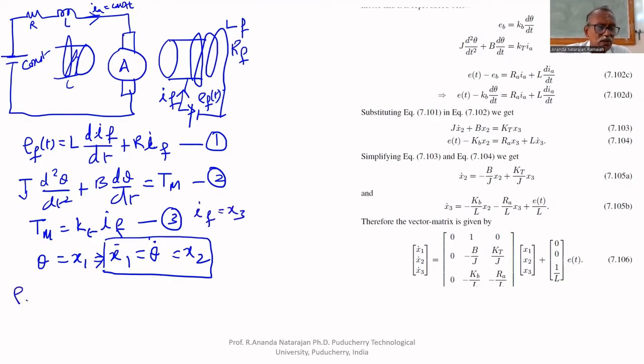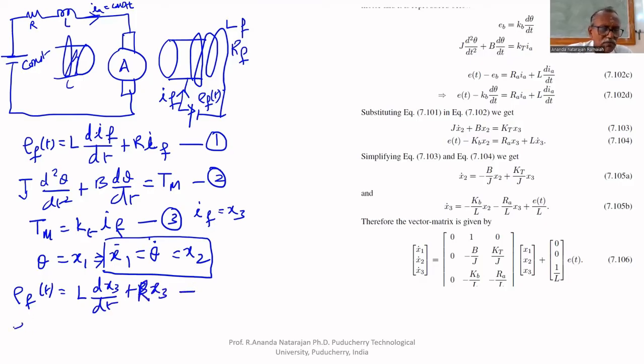So now substitute EF of t equal to L dx3 by dt plus r x3. That is one equation.